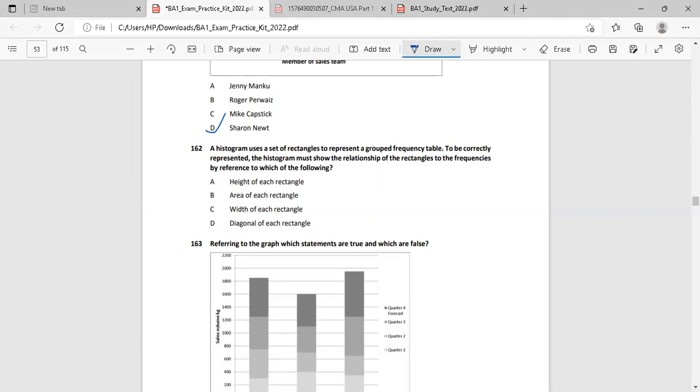No. So what's the answer? Area of rectangle. B, ma'am.